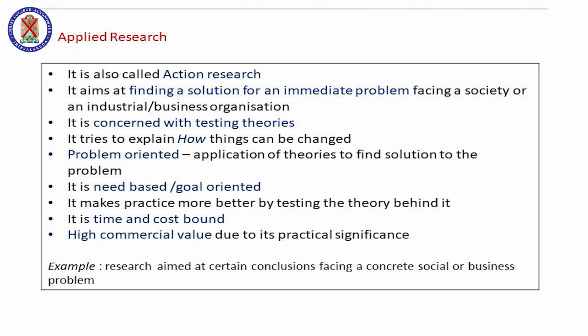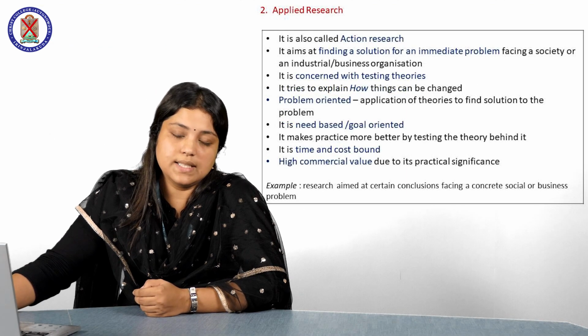It makes the practice better by testing the theory behind it. We have already created theory through pure research. In applied research we are trying to test that particular theory, and it is very time and cost bound and has high commercial value due to its practical significance.